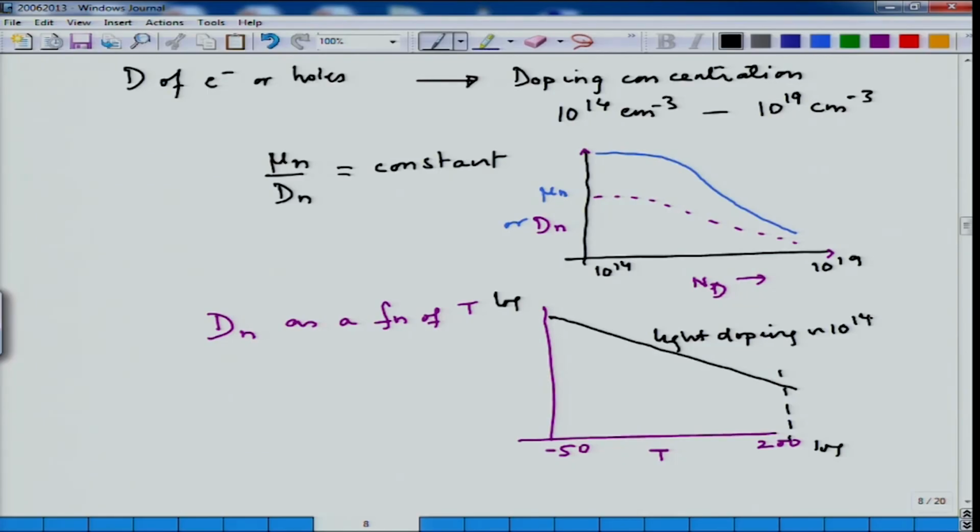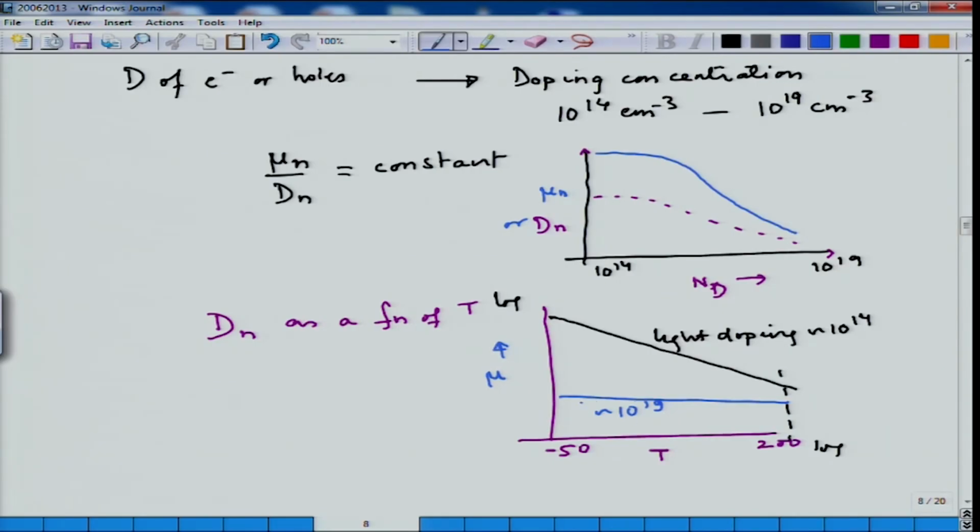But if I increase the doping concentration, then the same dependence might be more flat, and this is for heavy doping, approximately 10 to the power 19. Let me say, schematically trying to plot the mobility.